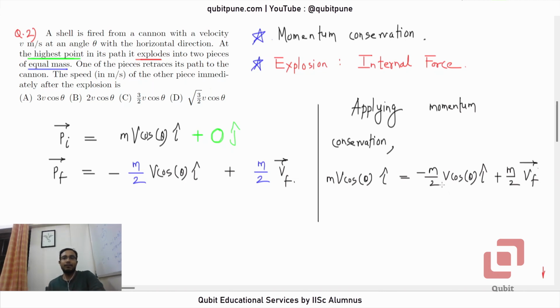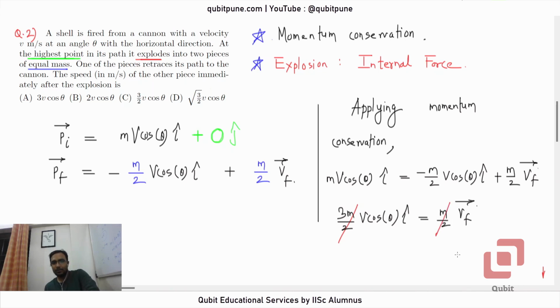Bring negative m by 2 v cos theta to this side, so that will make it 3m by 2 v cos theta i cap equal to m by 2 v f bar. Correct? m by 2 will get cancelled.